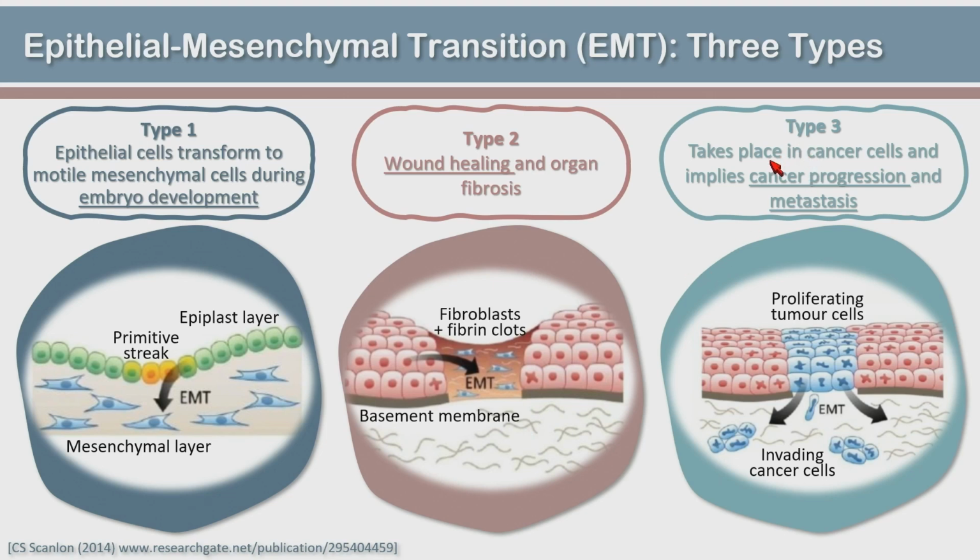Type 3 takes place in cancer cells, so this is no longer physiological, as causing tumorigenesis is far from being a physiological normal situation. And as I said, they imply cancer progression and metastasis. So these are the three types we know of EMT.